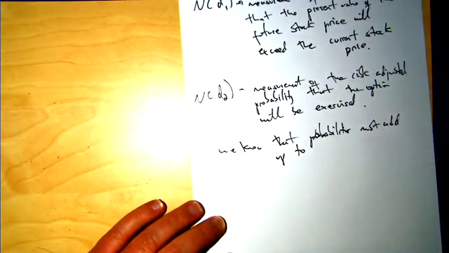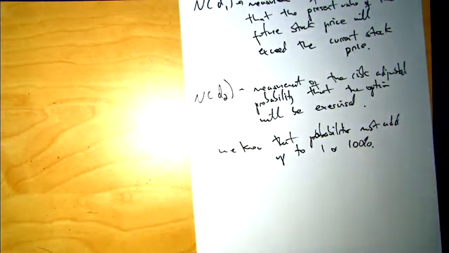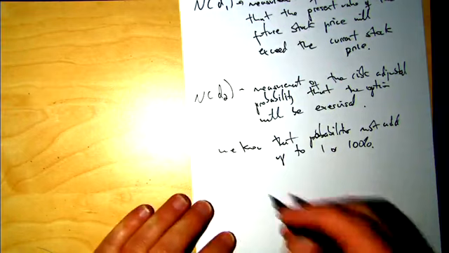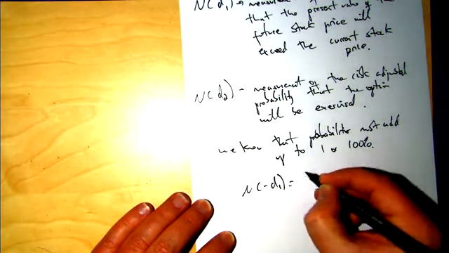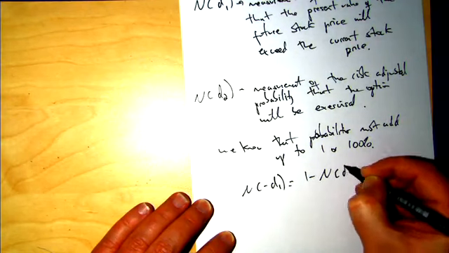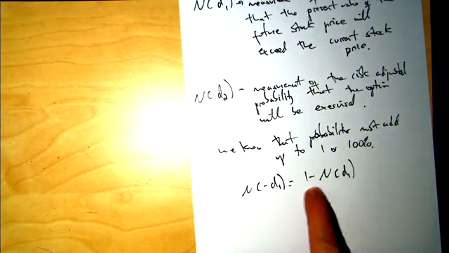What must probabilities add up to? 1. 1 or 100%, right? It has to add up to 1. So N of negative D1, remember that's for my put option, is just 1 minus N of D1. So if N of D1 is 80%, then this would be 20%.